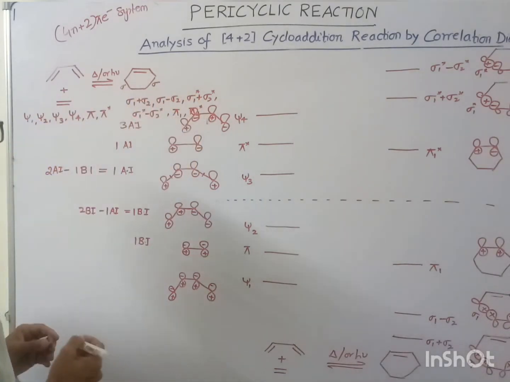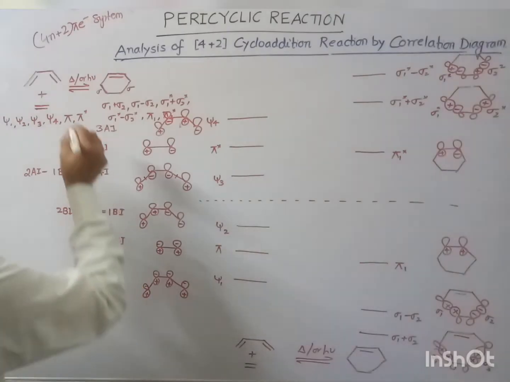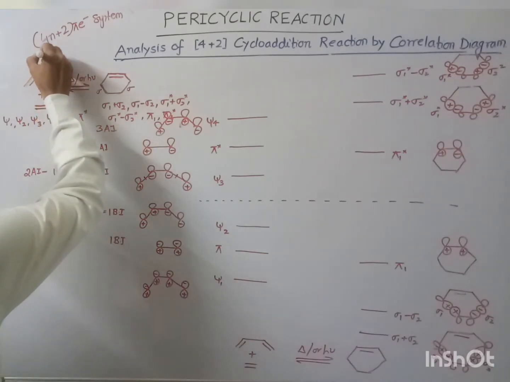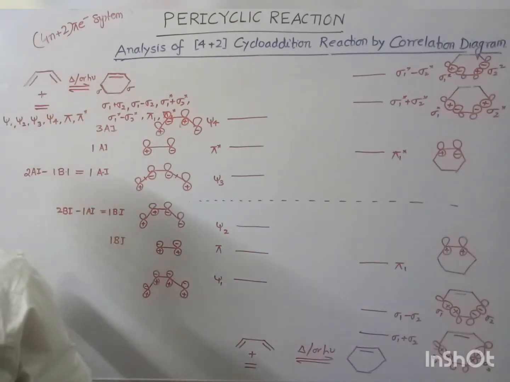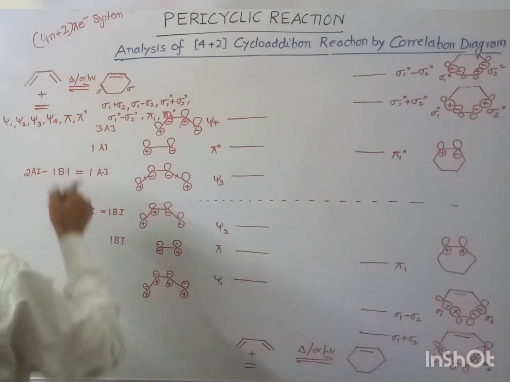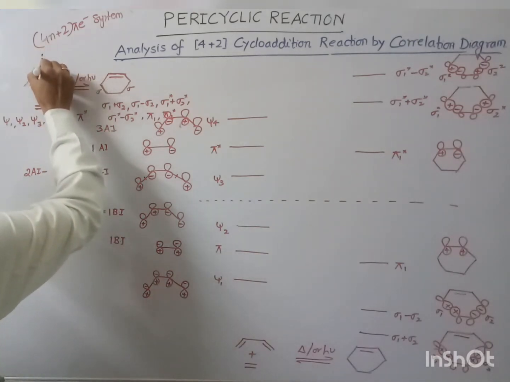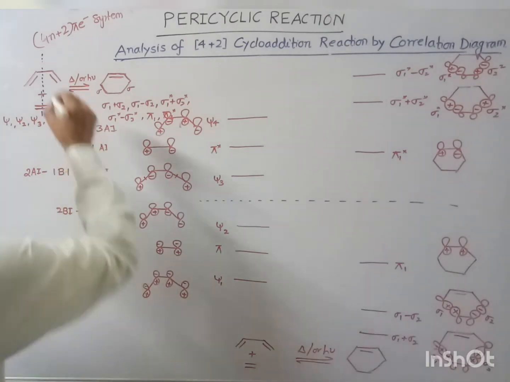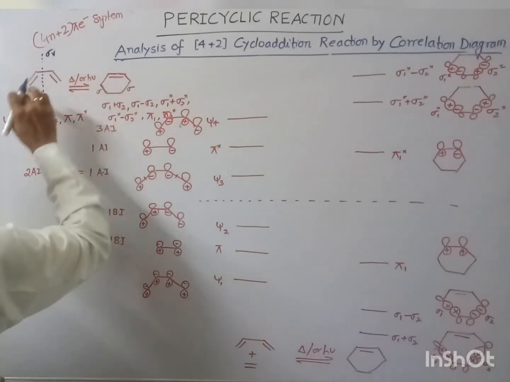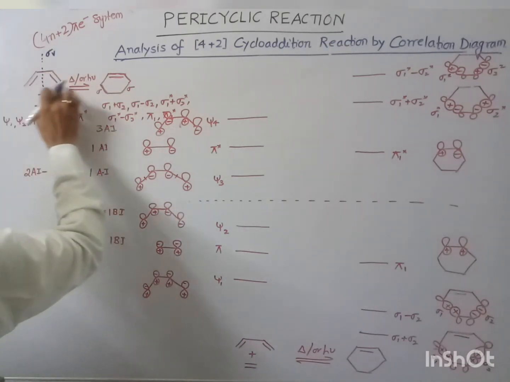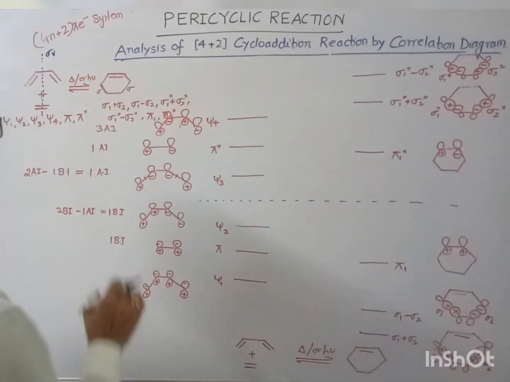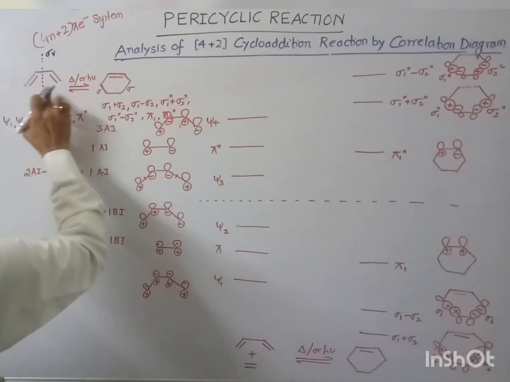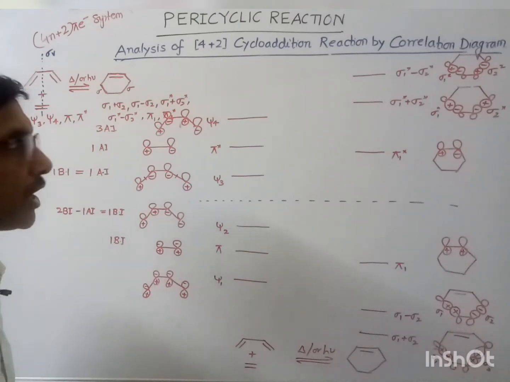Okay, so what is present here? If I draw one of the mirror planes like this, and this is a vertical mirror plane, then this vertical mirror plane divides this reactant into two equal halves. So this is our vertical mirror plane. If I draw a horizontal mirror plane, it will not divide this reactant into two equal halves.